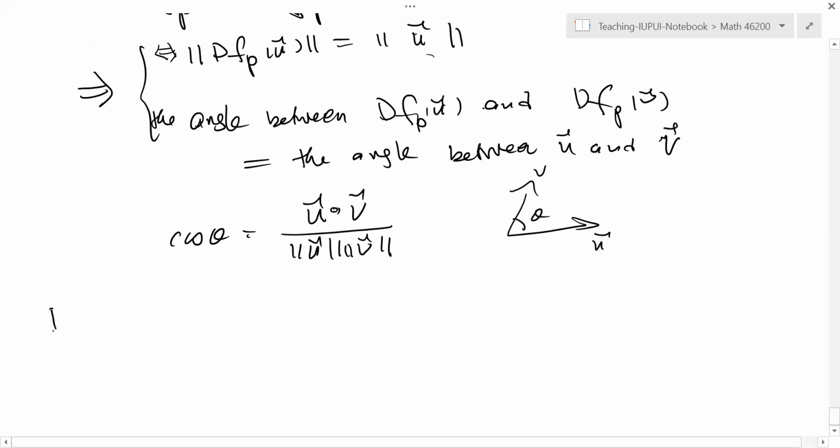All right, so I'm going to introduce another definition, in section 6.3.